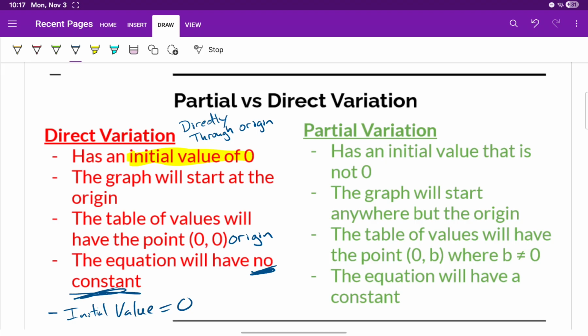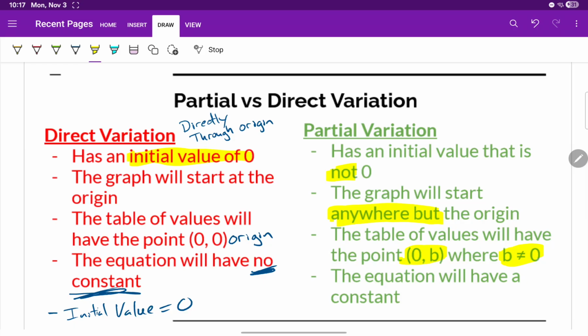Excuse me. Sorry about that. Partial variation has an initial value that is not 0. Very important here. Not 0. It says the graph will start anywhere but the origin. It says the table of values will have a point 0 and B, where B is just anything but 0.